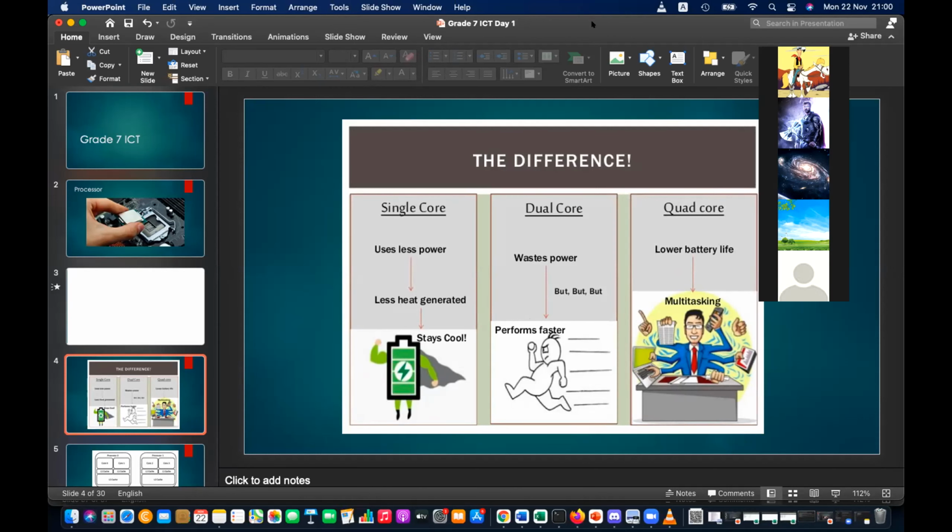Then you can see here what his processor is. Is it single core, dual core or quad core? Quad core. Yes, it's quad core. You can see 4 cores here. One kitchen, 4 gas cookers, 8 separate cookers. It's like this, right? One kitchen. This is your processor. It's one kitchen.